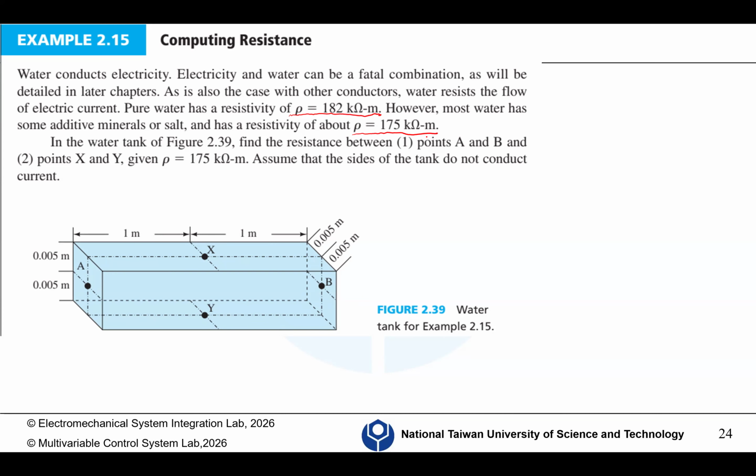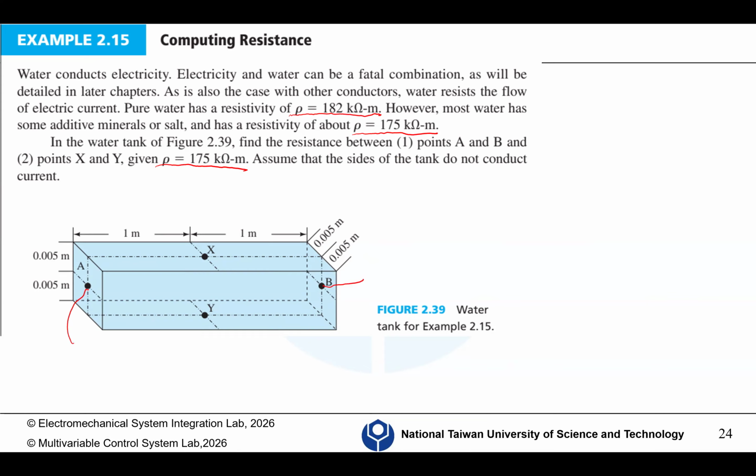In the water tank of this figure, find the resistance between first points A and B, and second points X and Y. Given rho is 175 k ohm meter, assume that the sides of the tank do not conduct current. It's just a simplified problem. First, it asks you to calculate the resistance.